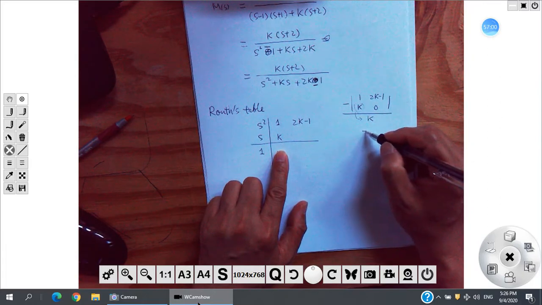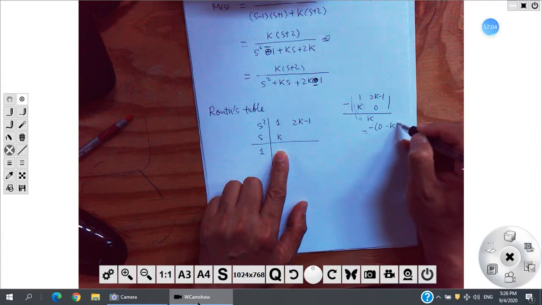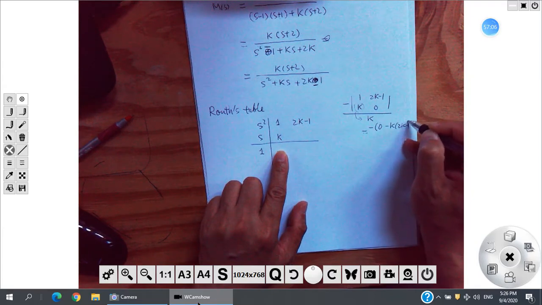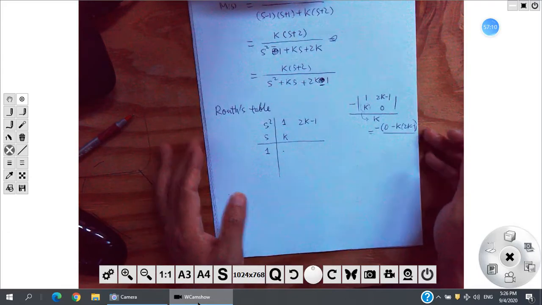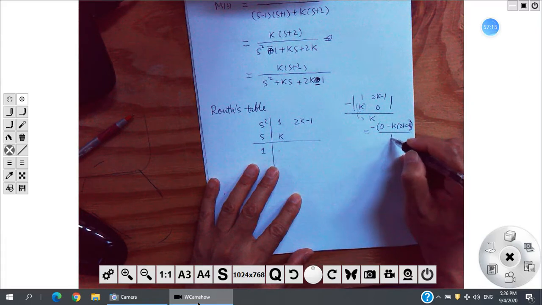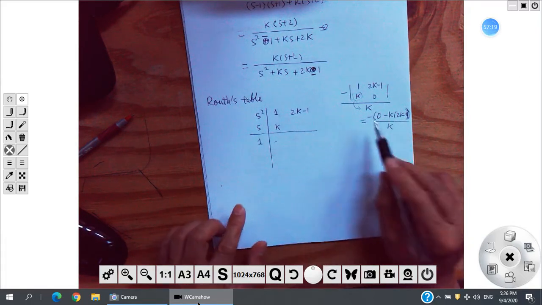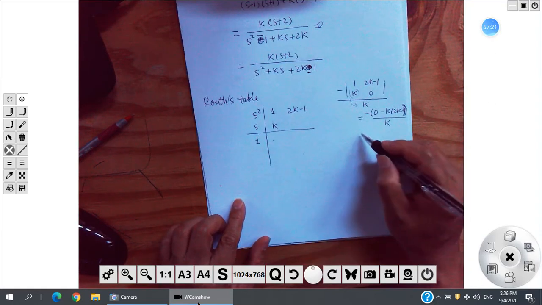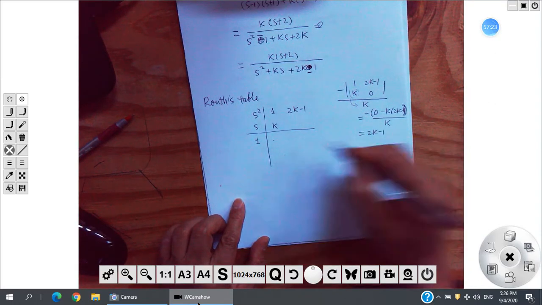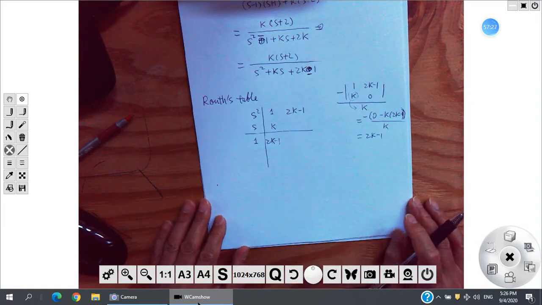So this is negative 0 minus k times 2k minus 1, over k. The negative becomes a positive and the k's cancel, so this is just 2k minus 1. Alright, we have this table.